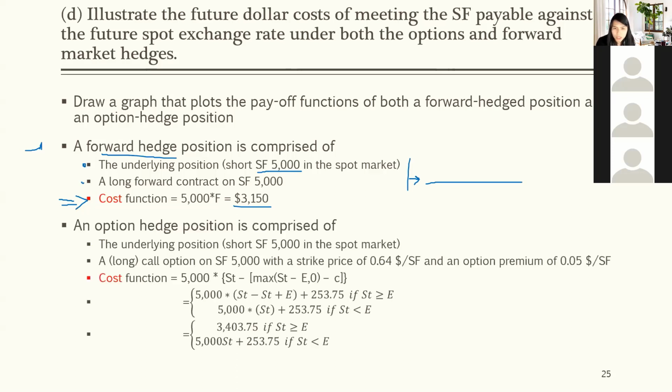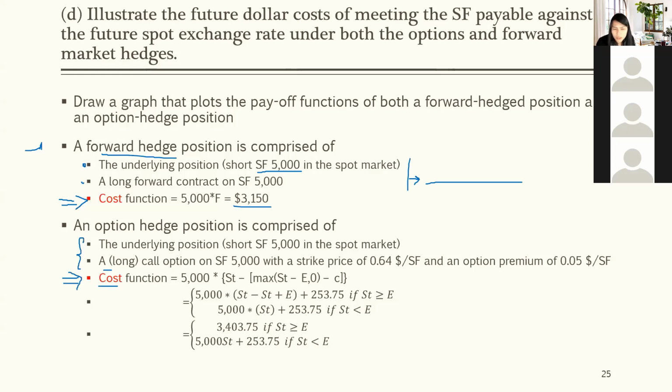An option hedge position, on the other hand, has two components. So the first one is, once again, your underlying account payable. And second, your long call position, right, with the strike price of 0.64 and an option premium of 0.05. Okay. So here I'm writing the cost function as well.